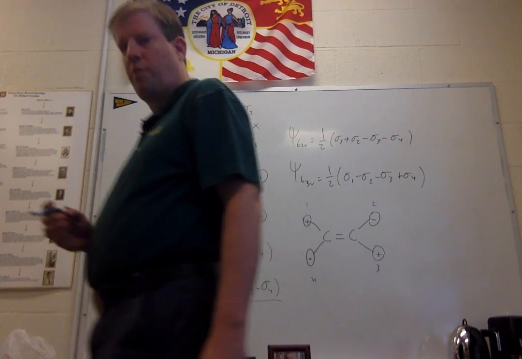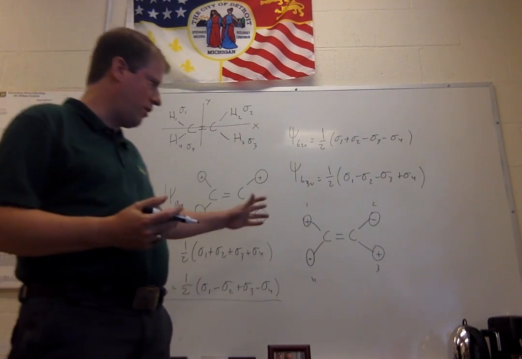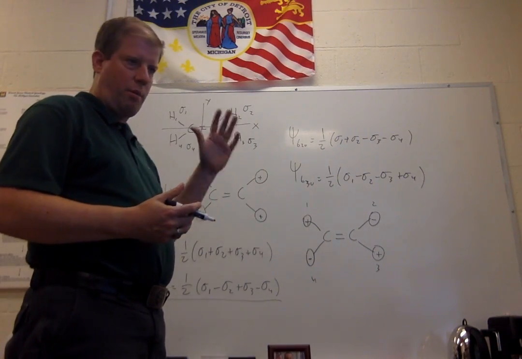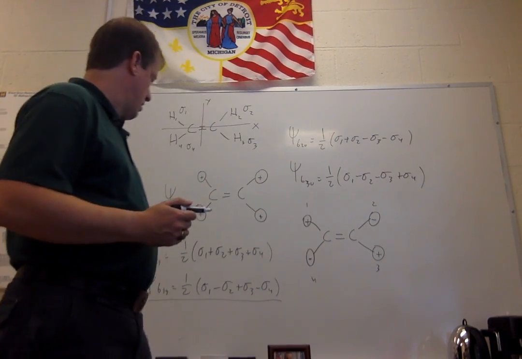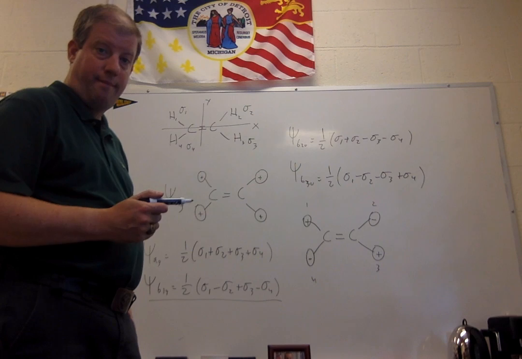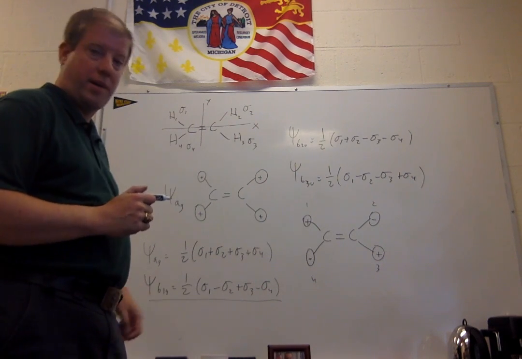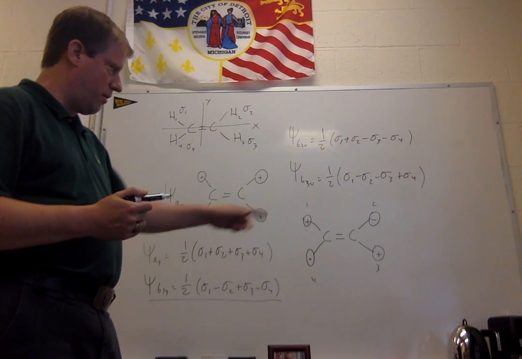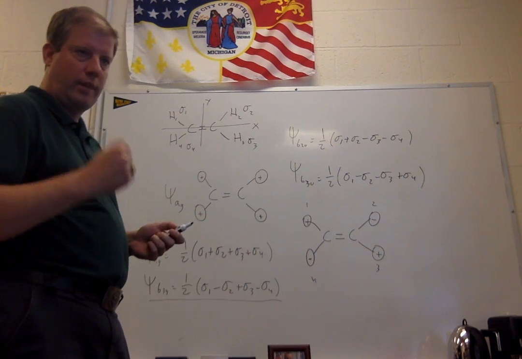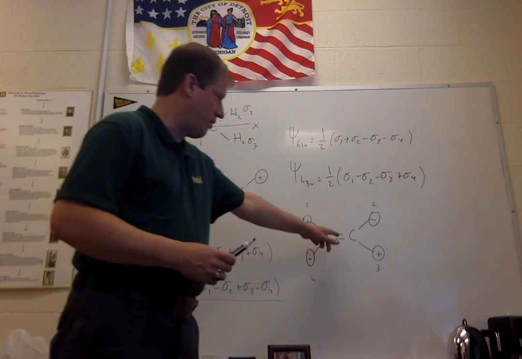And so what you're seeing there is the wave function is changing sign as we rotate the molecule, but it's symmetric with respect to the inversion center. Hence the gerade label. Right, this one's totally symmetric, but this one is not going to change sign at the inversion center, which is here.